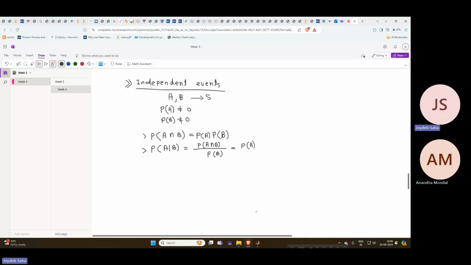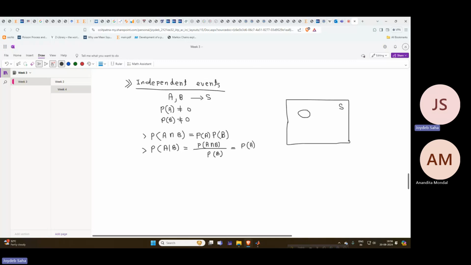So now can we realize this intuitively, without using the mathematics? Let us try to understand this intuitively. This is the whole sample space S. We are saying that two events are independent.